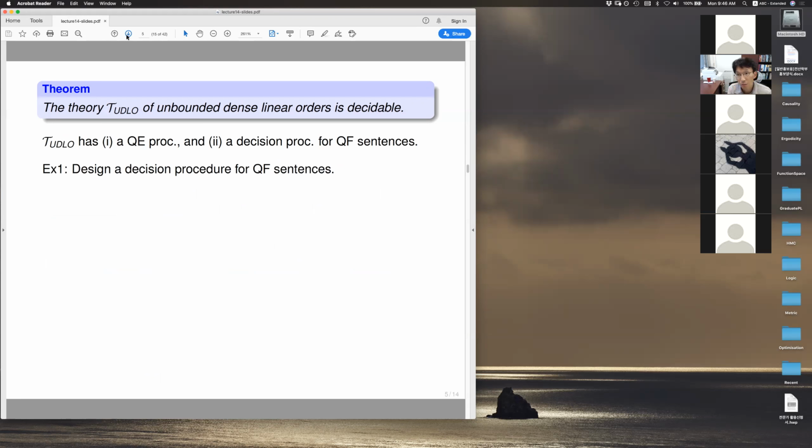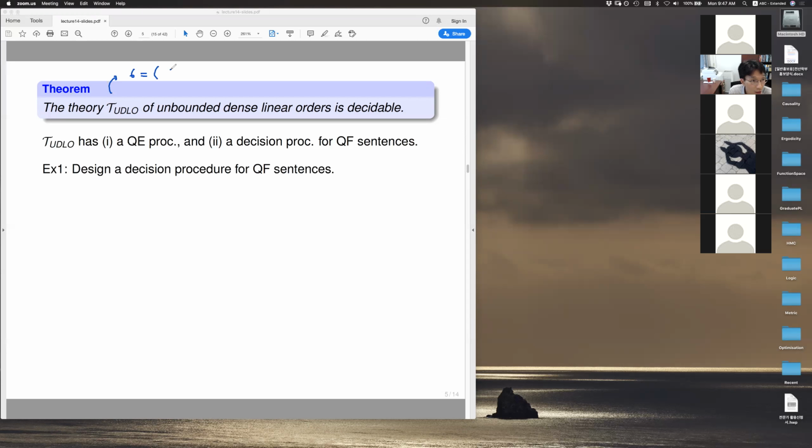So here's an exercise I want you to do. Think about how you can design a decision procedure for quantifier-free sentences for this particular theory. A hint I can give you is that this theory is over signature sigma, which doesn't contain any constant or function symbols.